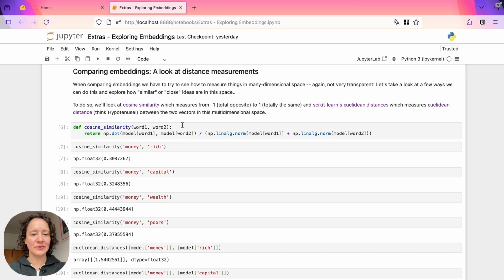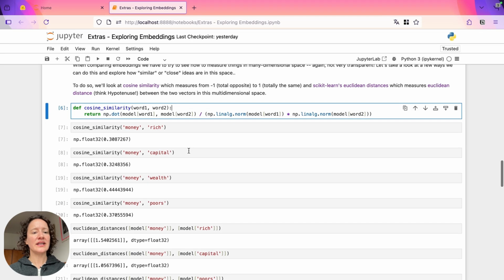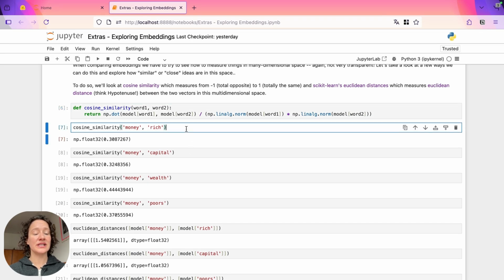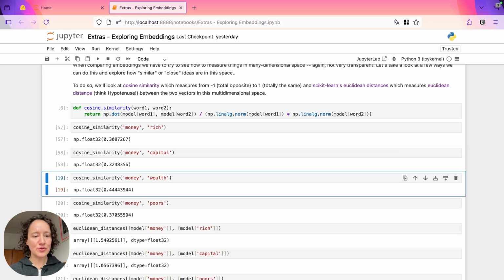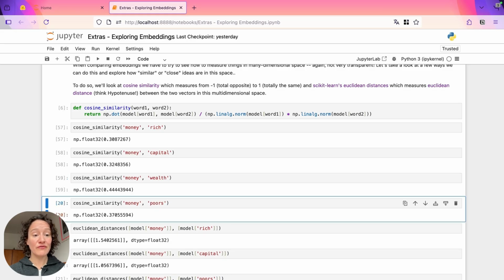Okay, hopefully that was a useful explanation for you. So I wrote a little thing that can take our words and our FastText embeddings and look at cosine similarity. Remember, 1 is totally the same, -1 is totally the opposite, presumably, if our embeddings work correctly, which of course we can question. Okay, money enriched 0.30, money capital 0.32, money wealth 0.44, money pores 0.37.